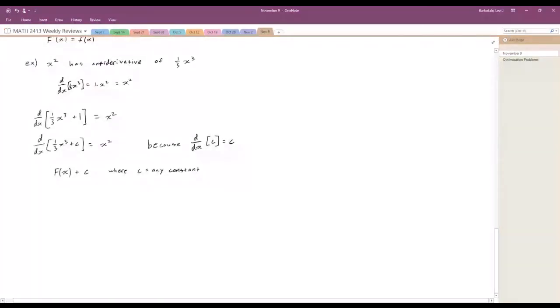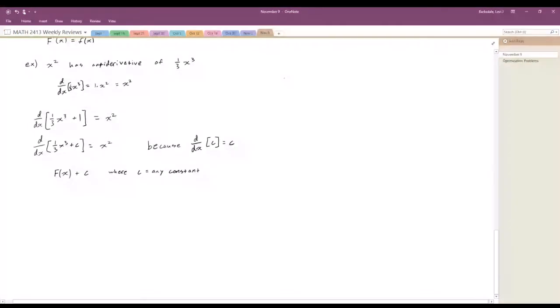You haven't really learned a ton of methods to solve for antiderivatives yet, but right now, the easiest way to do it is maybe think about just what function you could take the derivative of to get something that looks like your current function. So in this case, when I was looking for the antiderivative of x squared, I said, well, to get an x squared term, I would need to take the derivative of an x cubed term.